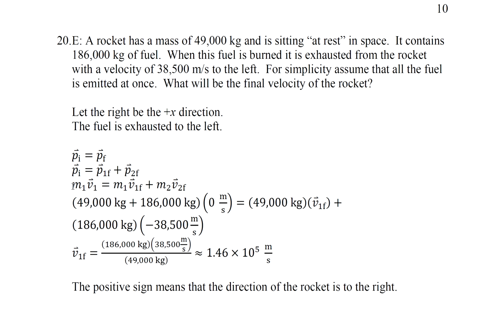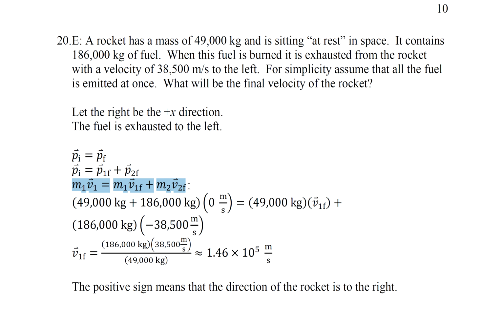So the rocket and the gas is m1v1. The rocket by itself going to the right is going to be m1v1 final. And the gas, and the velocity of the gas, is going to be m2v2 final.